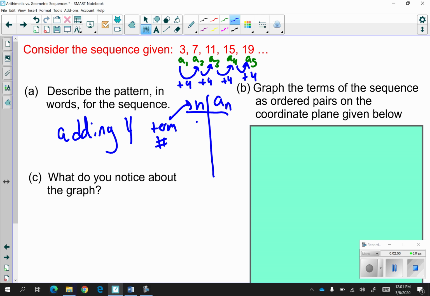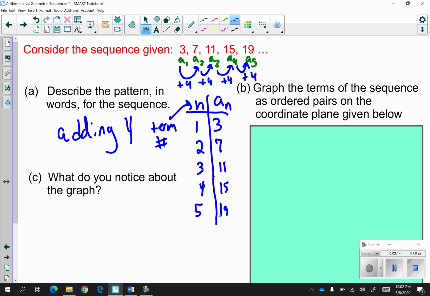So our first term, a sub 1, was 3. Our second term, a sub 2, was 7. A sub 3 was 11. Our fourth term was 15, and the fifth term was 19.